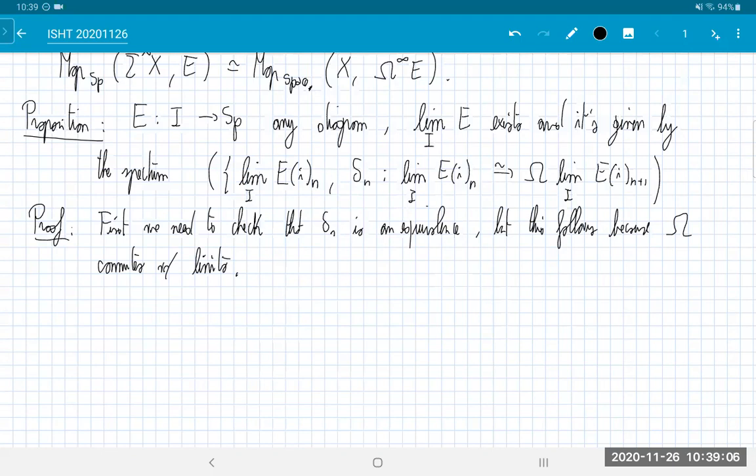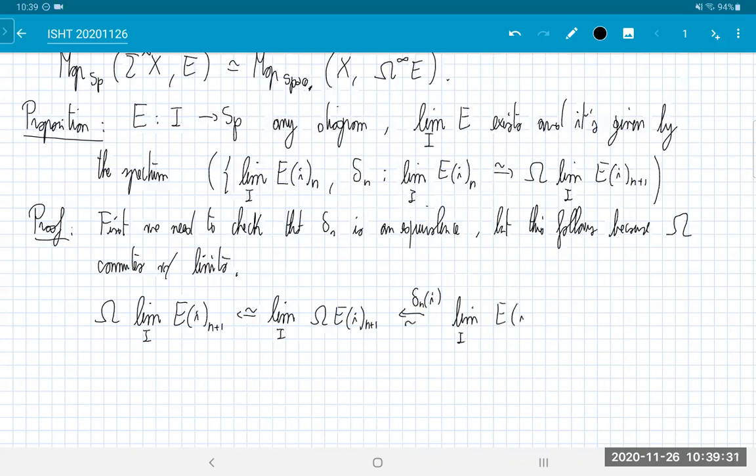So you have omega lim I E_I n plus 1. Well, you can bring this inside. In fact, you get a canonical map exactly in this direction, and you get lim I omega E_I n plus 1, and then you can take the delta n I, and you get an equivalence. And that's our delta n for the limit.